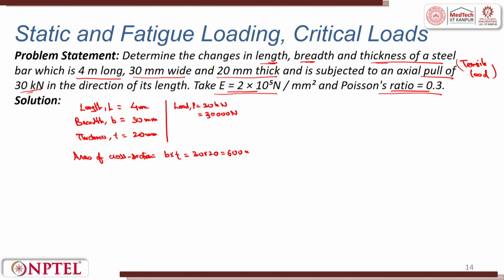Both are in millimeters, so it is 600 millimeters square. The axial pull is given already, and we have the Young's modulus, 2 into 10 to the power 5, and the Poisson ratio. Now, let me calculate the strain in the direction of load, that is the longitudinal strain.